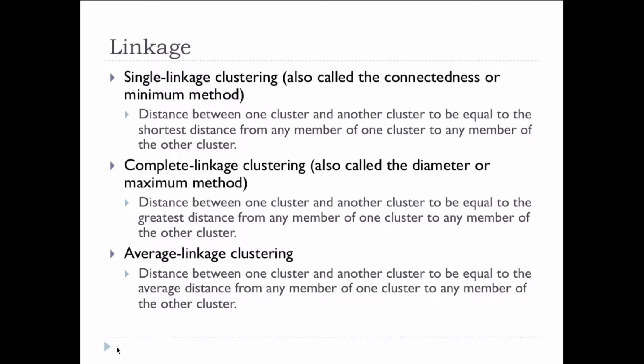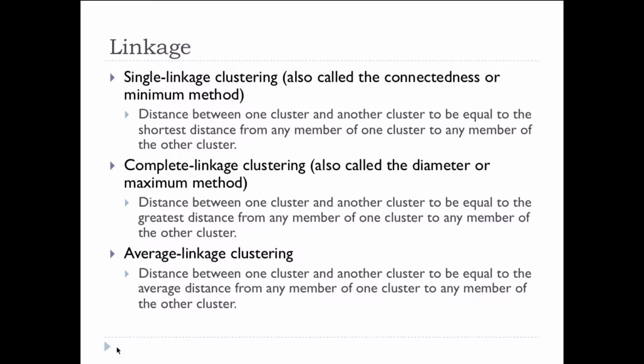Okay. The difference between that and the next one, complete linkage, is that the distance between one cluster and another cluster we're going to take to be the greatest distance between any member of one cluster and a member of another cluster. So single linkage, we take the closest point. Complete linkage, we take the furthest point. Otherwise, same thing.